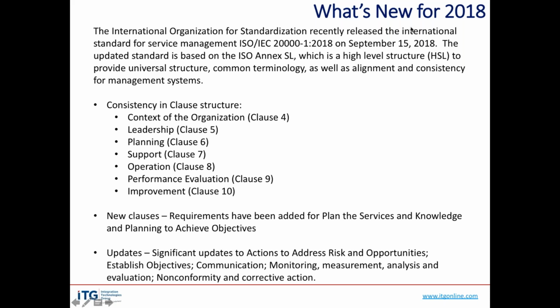And we'll talk a little bit more about that in a couple of slides. But then there have also been some significant updates to the actions for addressing risk and opportunities, establishing objectives, communication, monitoring, measurement, and analysis, and then non-conformity and corrective action.